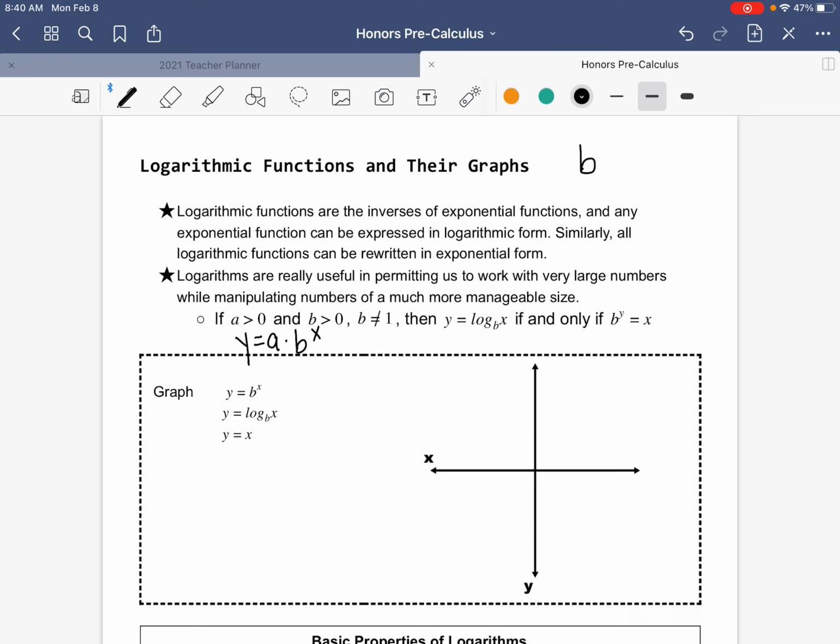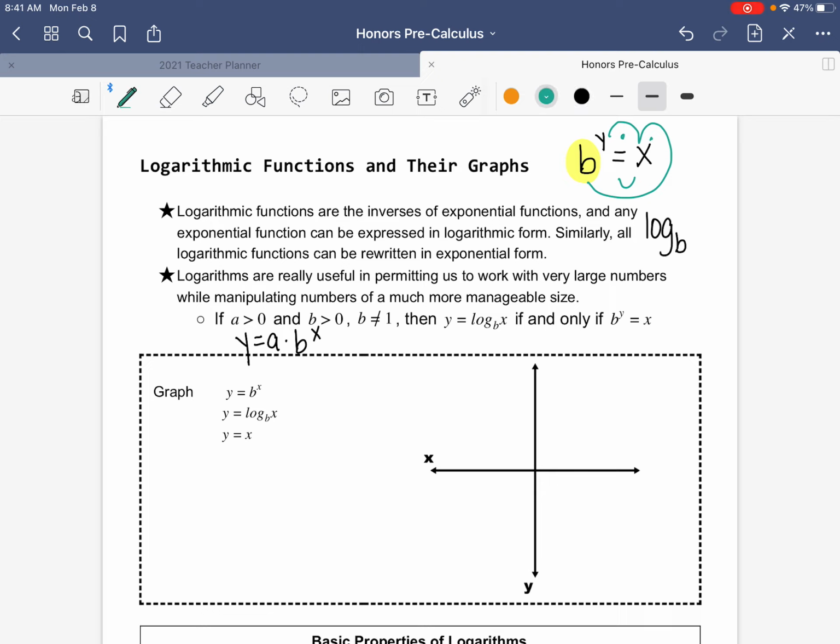So what you need to know is the conversion between the two. If I have an exponential function, we're just going to start with the basic exponential function that has the a value of 1. I can convert this. The base is always going to remain the same. So the base is the base in an exponential or in a logarithm. But what you do is, I know a lot of people like the loggy froggy face, but essentially what you're doing is you're going to switch your equal to and your exponent.